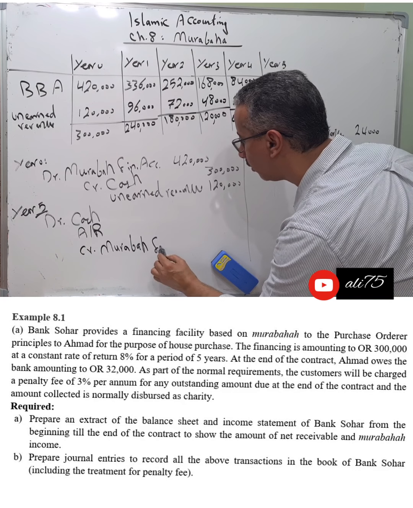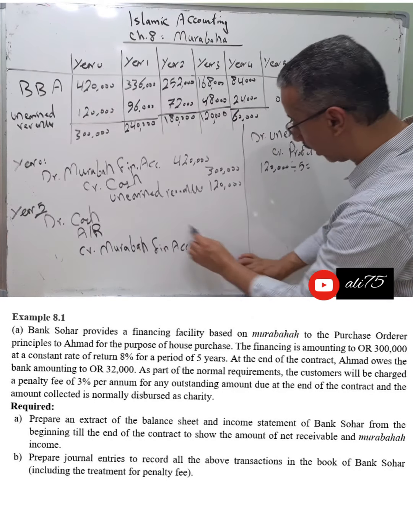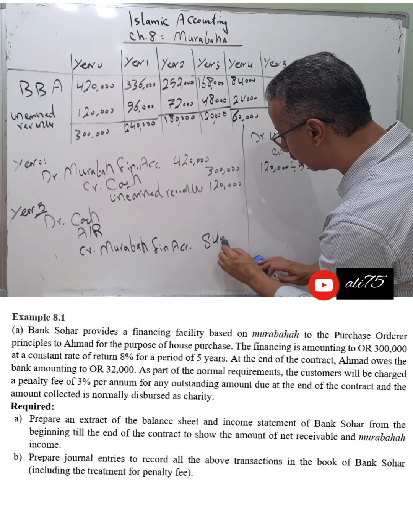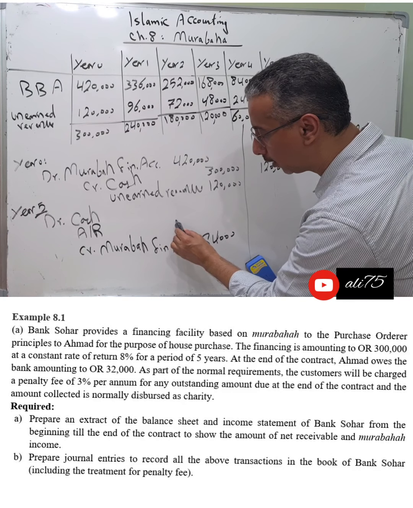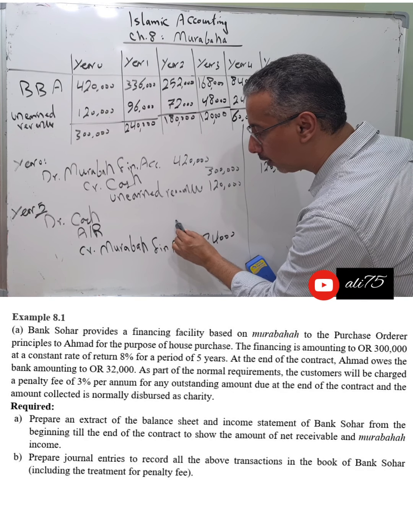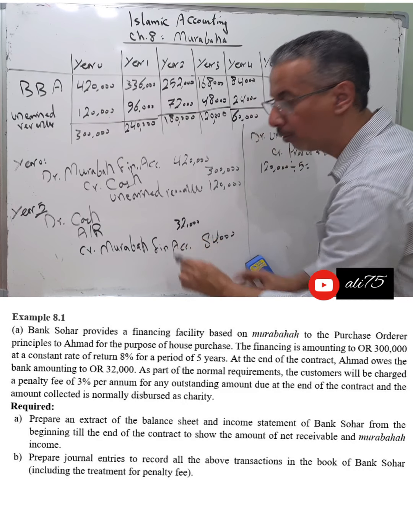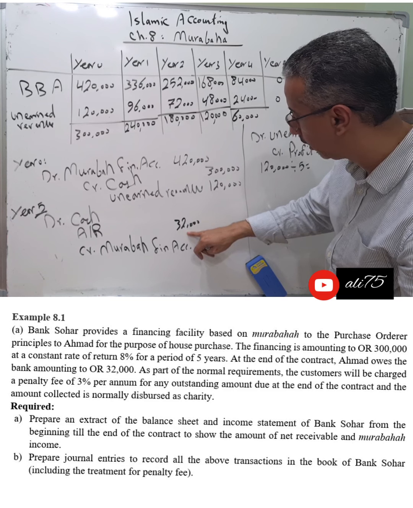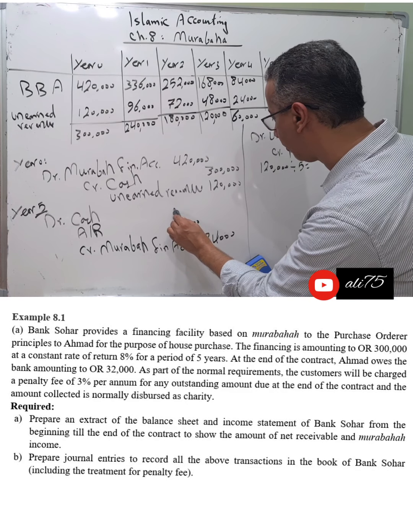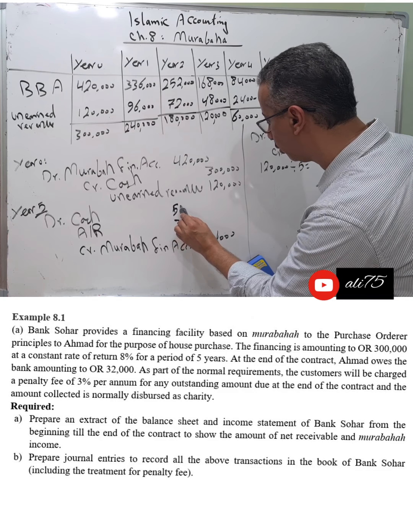Murabaha finance account. Again, the amount is 48 that should be paid by the customer, but still he didn't pay 32. According to the question, the customer owes 32. Out of 84, he owes 32, so he paid 52.